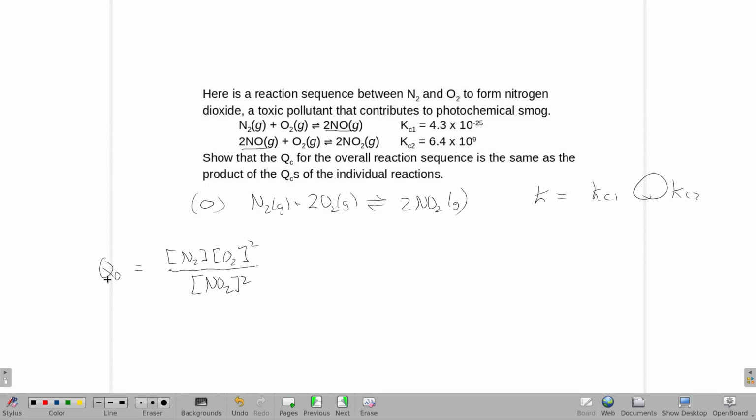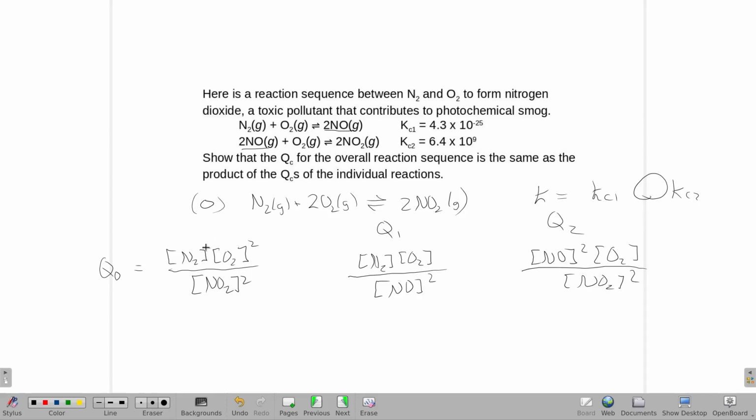That's for that overall one. Well, let's see what the Q for 1 is. I'll put it up here. And that is NO squared over N2 and O2, and then Q2 is NO2 squared over NO squared and O2.